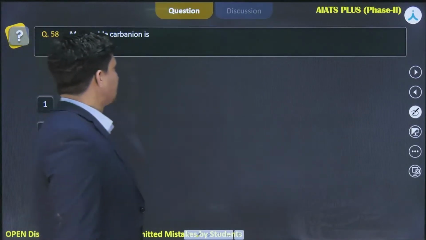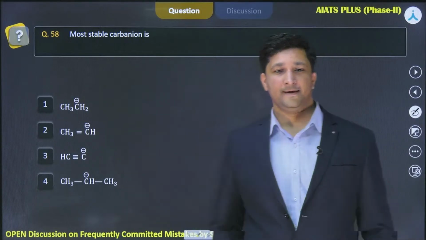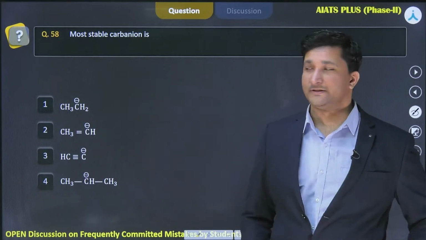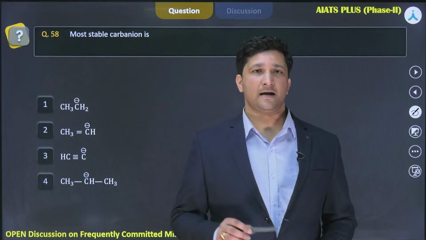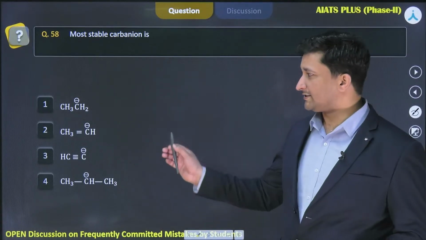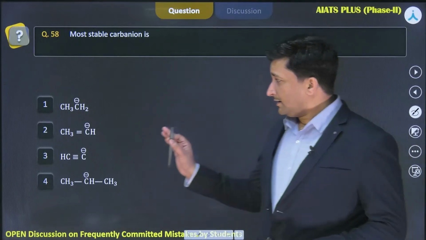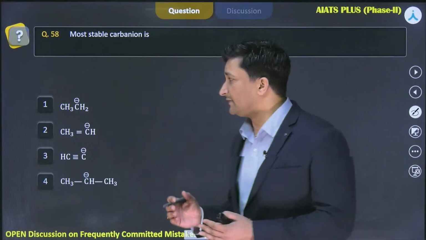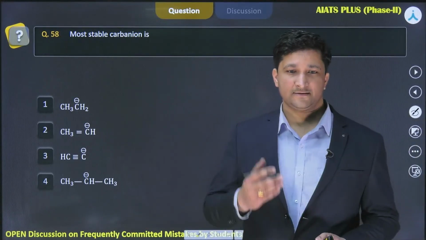That is, the most stable carbanion is. Yes, Asim, very good. It is the electromeric effect which is temporary. Now, for the most stable carbanion, definitely we have to look at the charge here. If the charge is more, the substance will be very reactive and stability will be less.